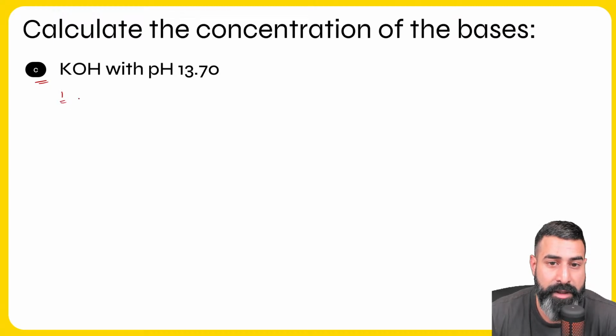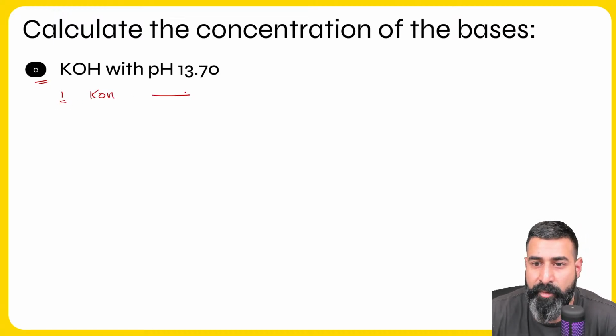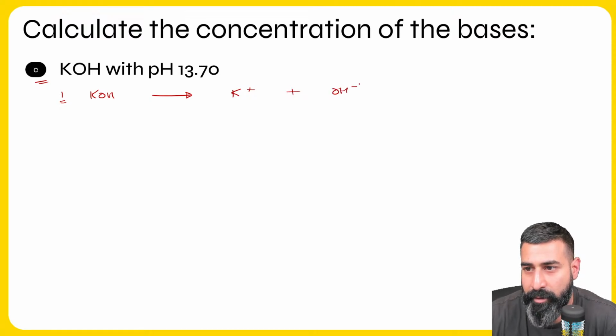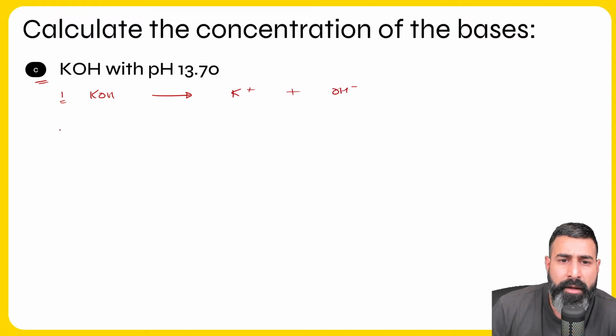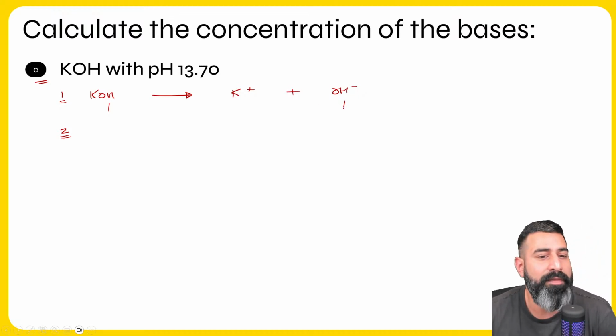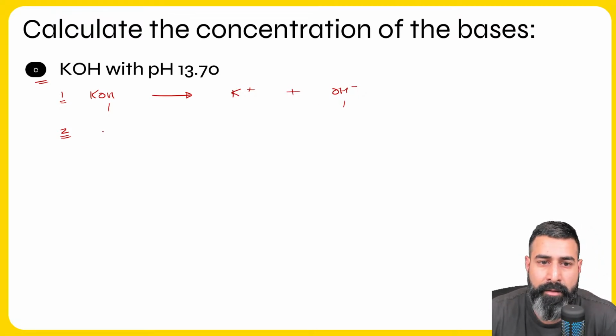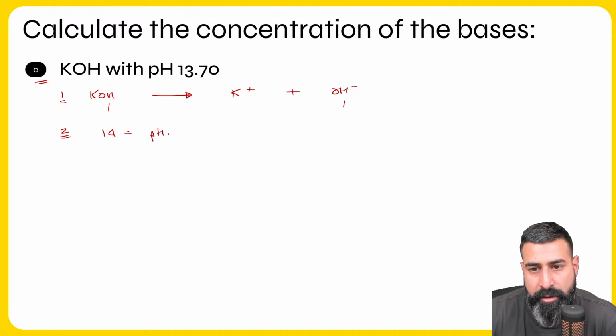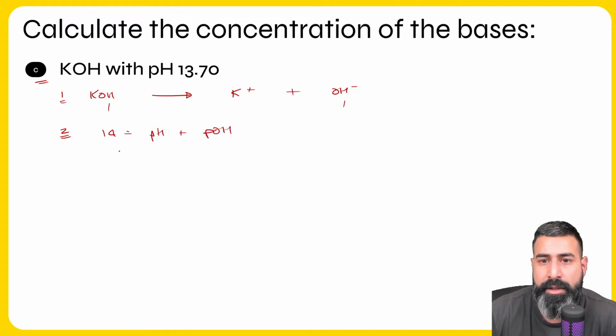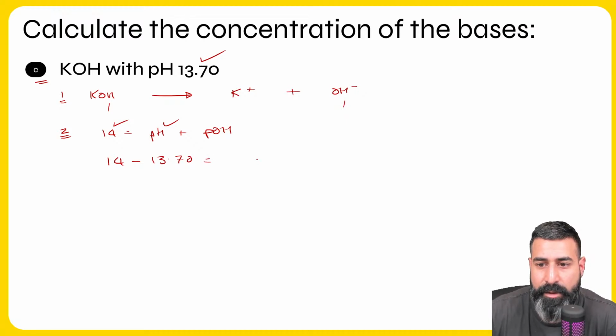I'm going to write the equation out, because we write the equation out in this class because it's chemistry, not maths. Okay, step number 2, where do we go? Straight away I've seen it's 1-to-1, so let's write down 14 is equal to pH plus pOH. I know the pH because it's 13.7, so 14 take away 13.7 is equal to pOH.